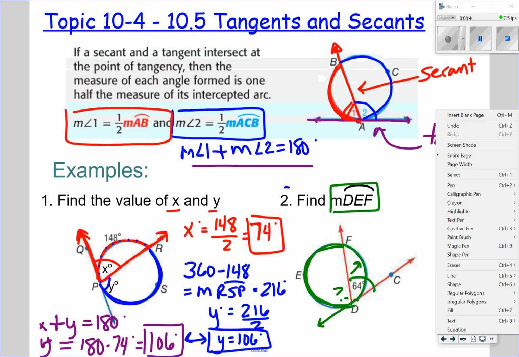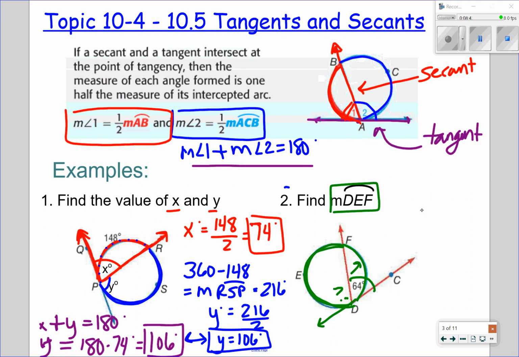I'm going to go ahead and just say, well, 180 minus the 64, if I subtract those two, okay, you should get 116. So that 116 is this angle right here.